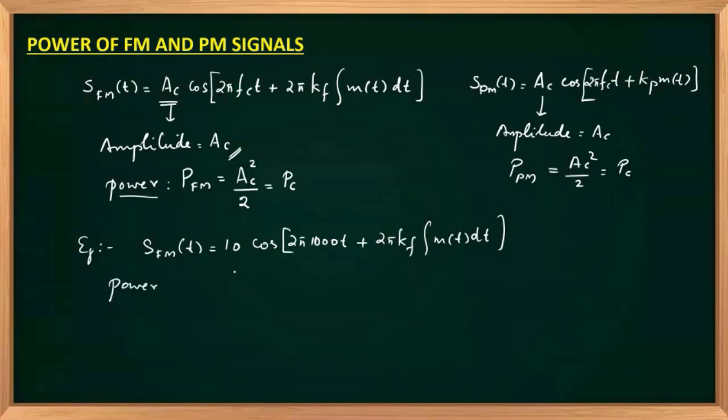No need to calculate any other quantity. You should take the amplitude of the carrier wave, which is a constant value. Power P is equal to Ac square by 2. Ac equal to 10, so 10 square by 2 equals 50 watts. Power is simply calculated using this formula, Ac square by 2, for both FM and PM.